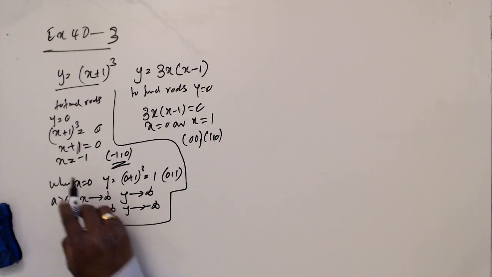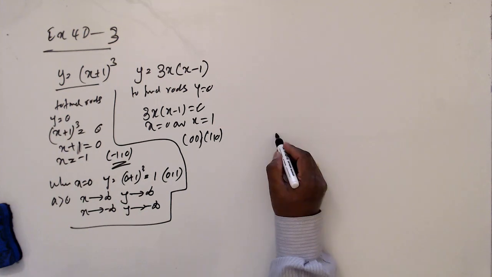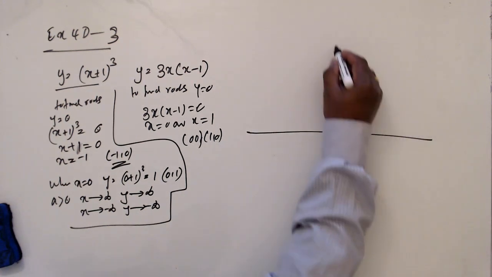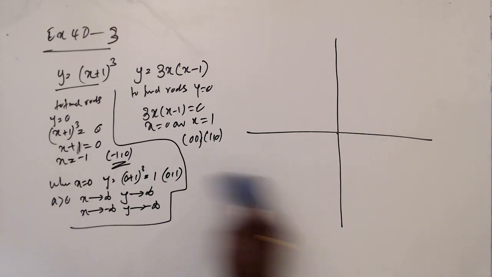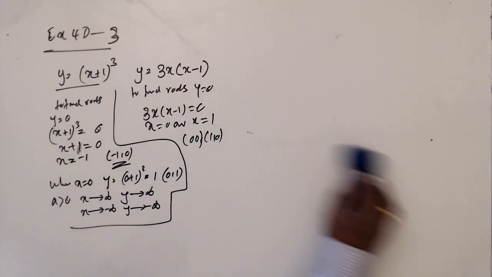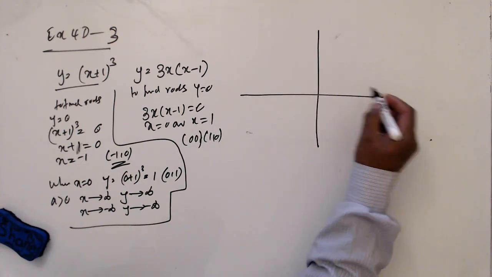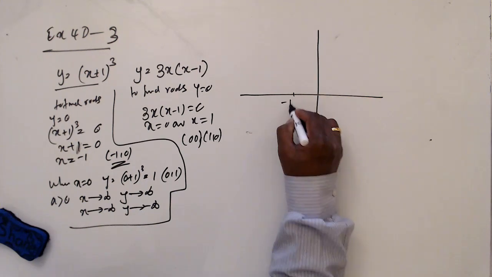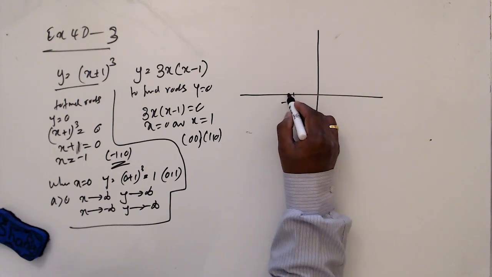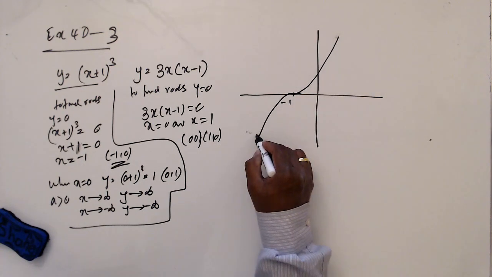And here, what about (minus 1, 0)? Okay. This is minus 1, going to be a point of inflection.